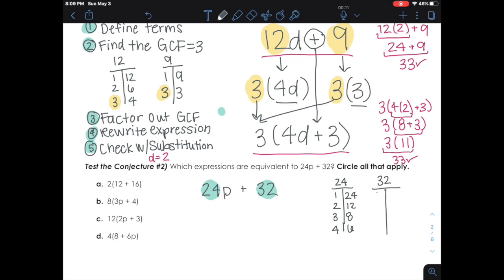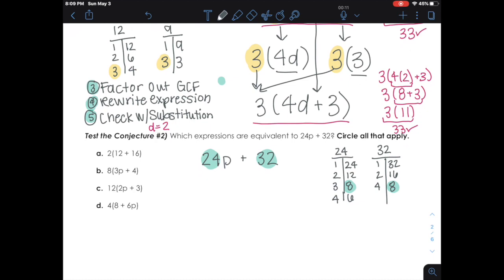Okay, now let's do 32. 1 times 32, 2 times 16, 3, nope, we can't do 3. 4 times 8, can't do 5, can't do 6, can't do 7, can't do 8. Okay, so let's look for our greatest common factor. Our GCF here looks like it is 8.